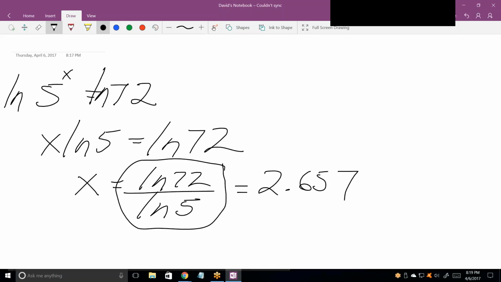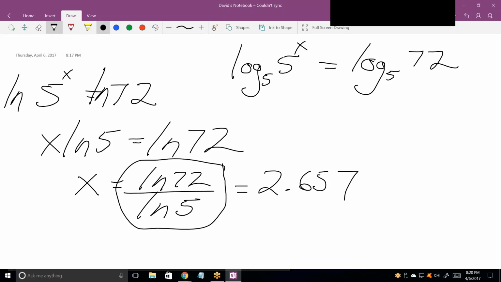Now, you say, well, wouldn't it have been better to take log base 5 of each side? Well, let's have a look at that. If I did log base 5 of the left side, I immediately get x. But now I got to do log base 5 of 72.